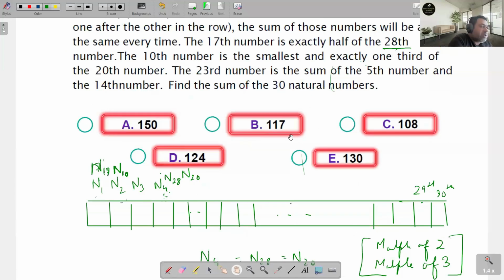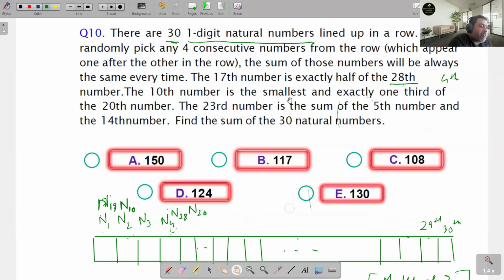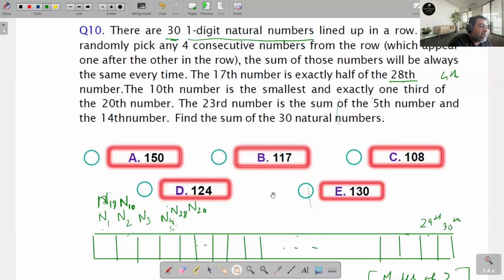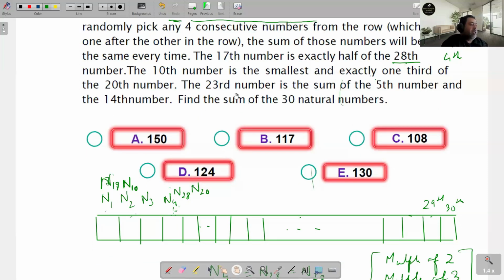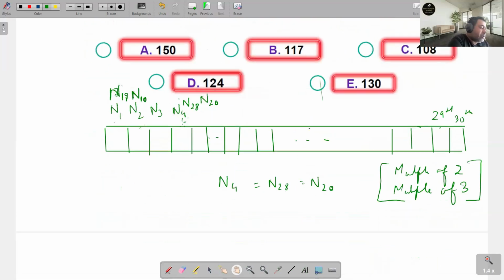Now we see N17 is half of the first number, and the 10th number, the second number, is 1/3 of the 20th number. The 23rd number is the sum of the 5th number and the 14th number. So the third number, N3, will also be equal to N23. Why?